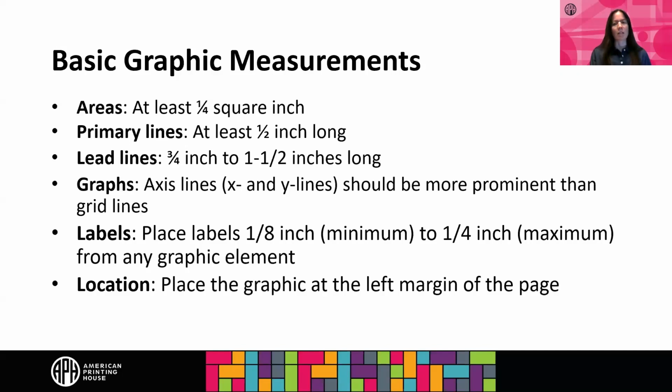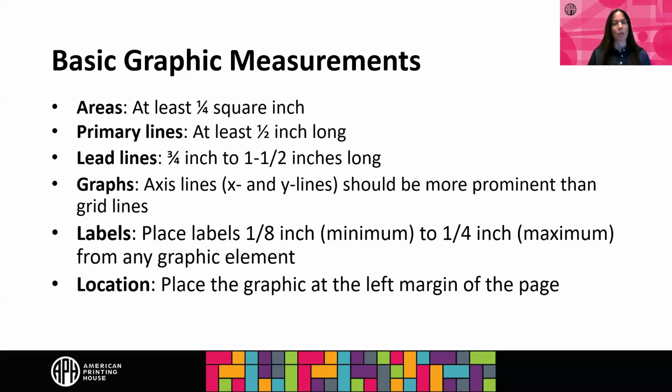Lead lines are less tactually significant than primary lines. A lead line is a line that connects a graphic element with a label. These need to be about 3/4 inch to 1.5 inches long. So that's a pretty good standard, even for our purposes. And one end of the lead line should touch the graphic element, and the other one should be located at least 1/8 of an inch from the label.